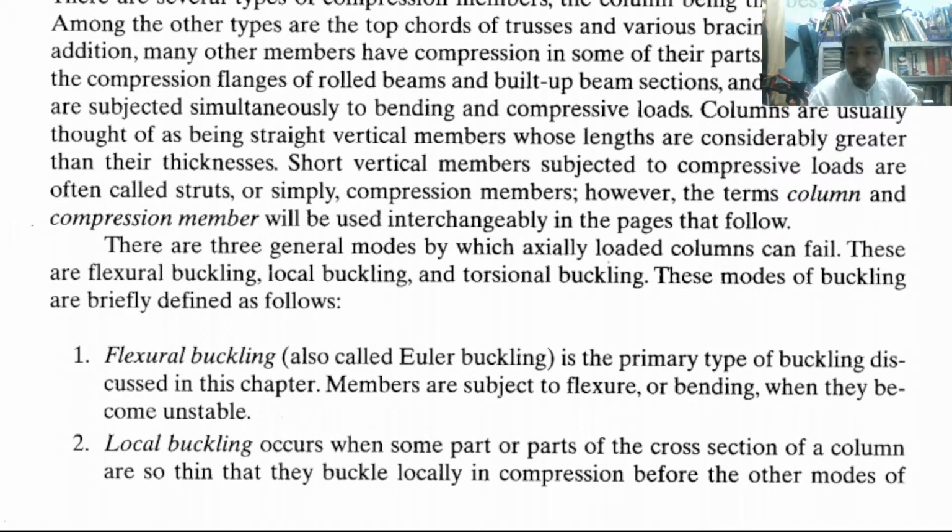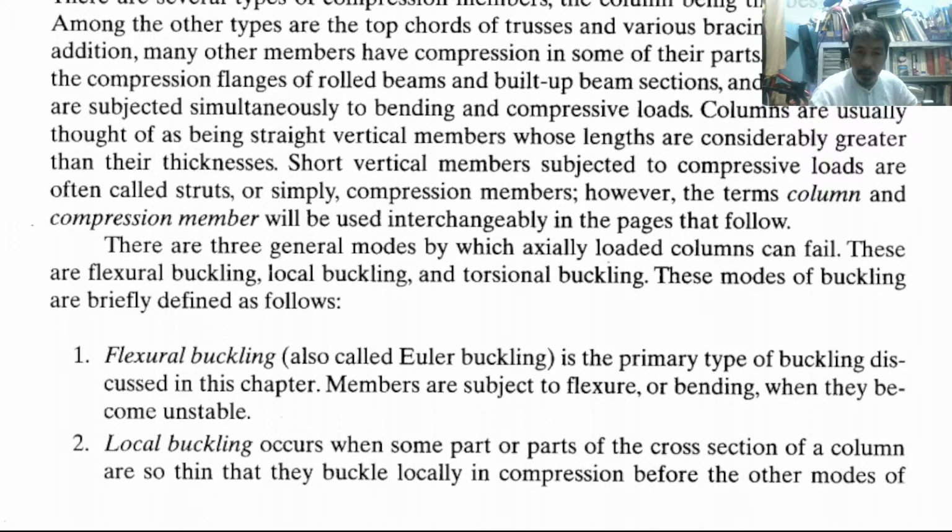In this discussion, there are three general modes of failure. Again, just to remind you, we already discussed these things. We have flexural buckling, local buckling, and torsional buckling.